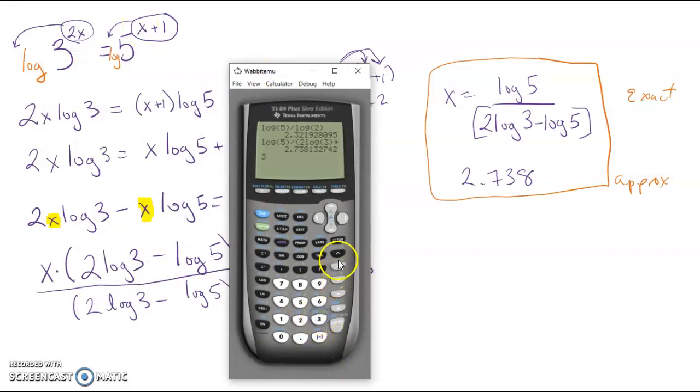We can say, what is 3 to the power of 2 times this long answer? So I'm just going to say second ANS, and it gives me 410. And if I say 5 to the power of, and I want to click on that, so enter, and then plus 1, it should be exactly the same, which it is. All right, so yeah, we can always test it out to see what's happening.